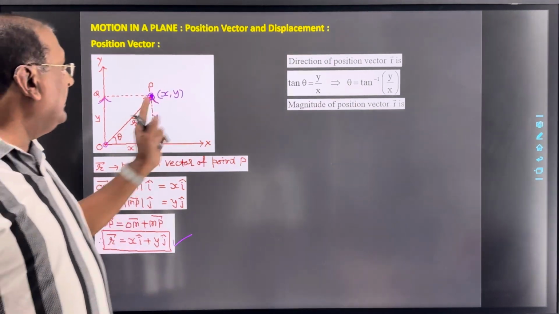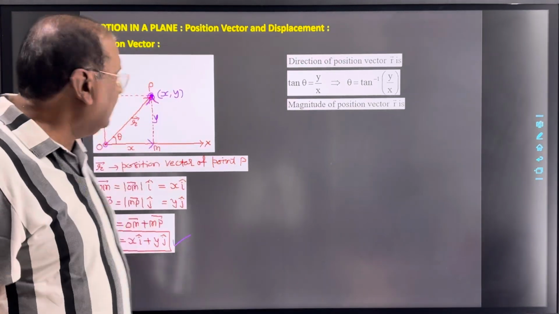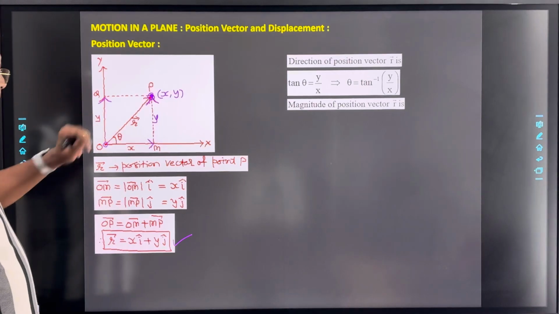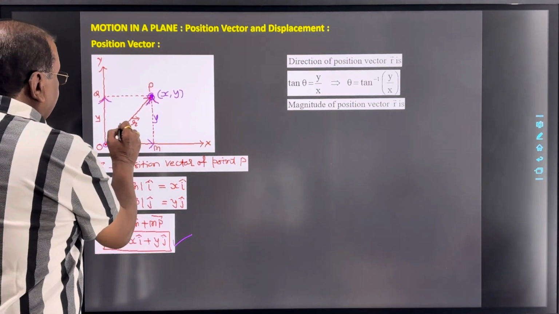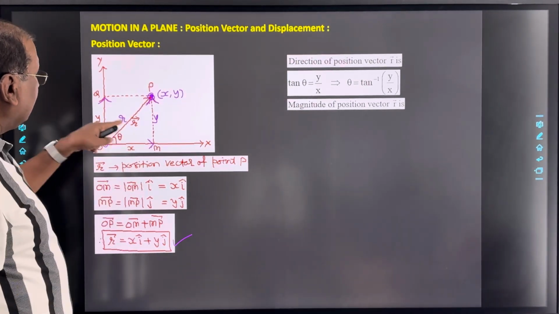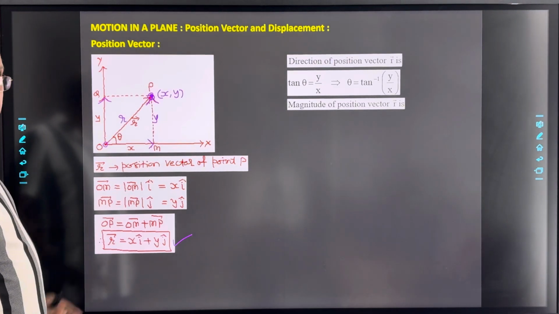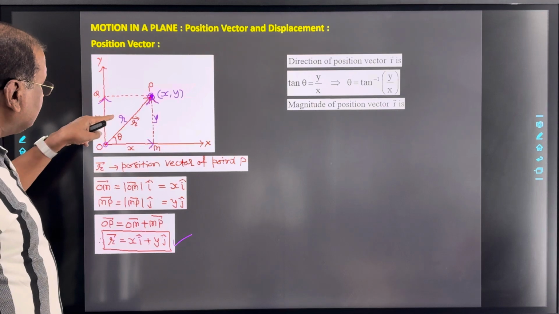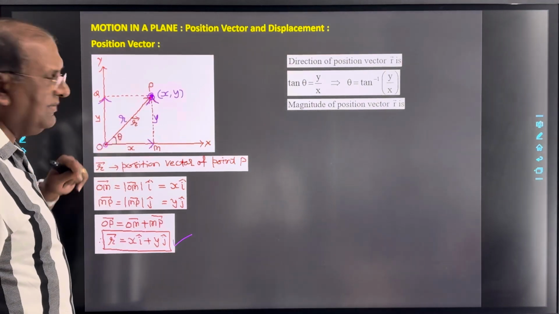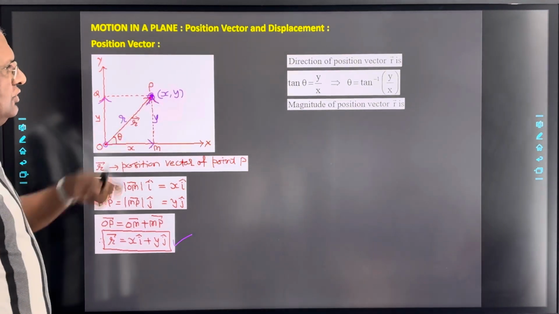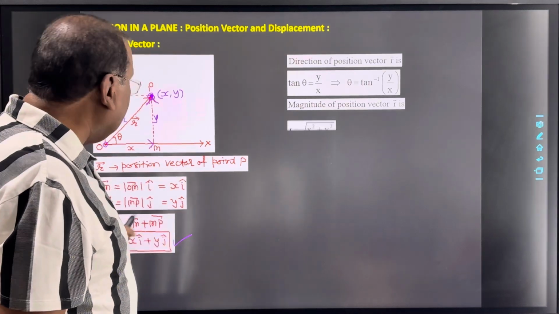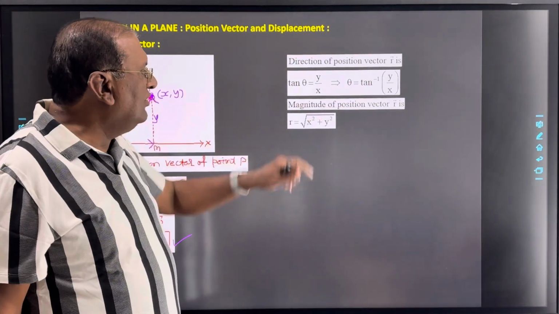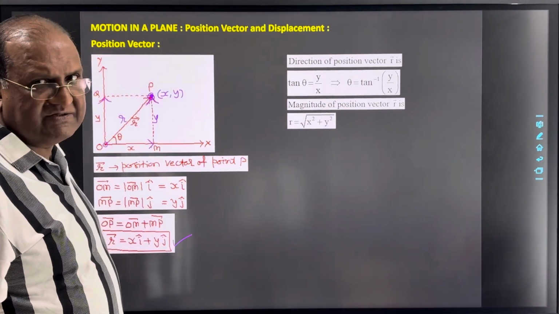Now, magnitude of the position vector r. So, here suppose the magnitude is r. For position vector r, the magnitude is r. Then simply using the Pythagoras theorem, we can write r square equals x square plus y square. So, the magnitude of vector r is under root x square plus y square.